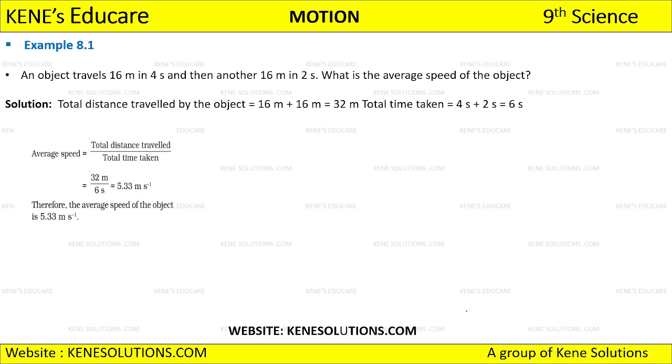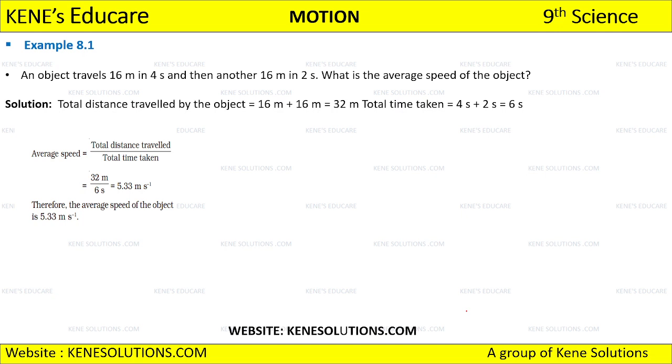The total distance traveled by the object is 16 meters plus 16 meters, that is equal to 32 meters. The total time it took: it traveled 16 meters in 4 seconds and again 16 meters in 2 seconds, so 4 plus 2 becomes 6 seconds. The formula for calculating the average speed is total distance traveled divided by the total time taken.